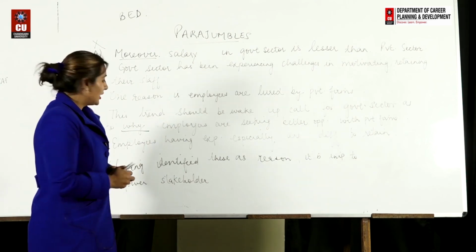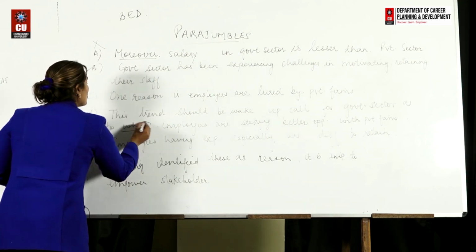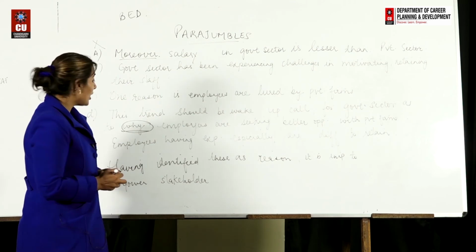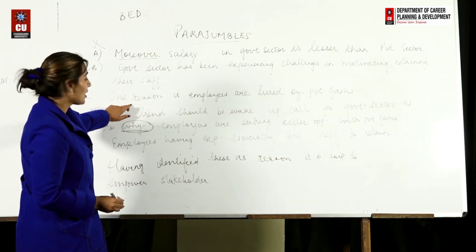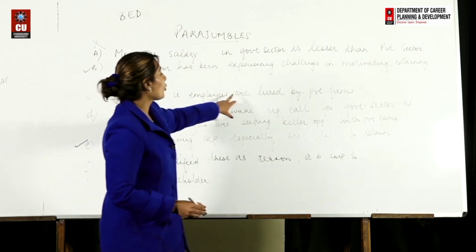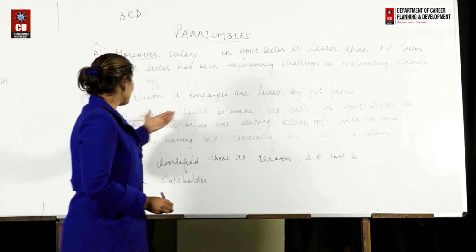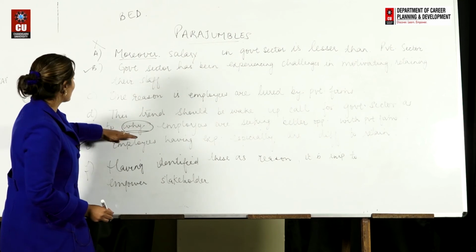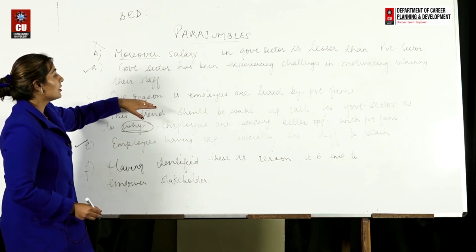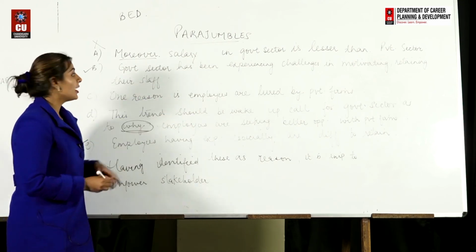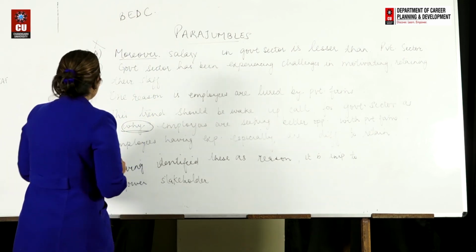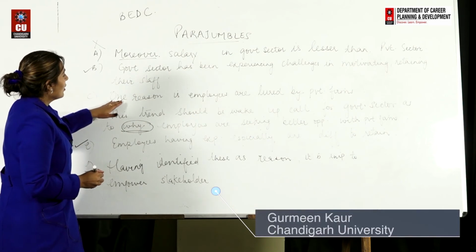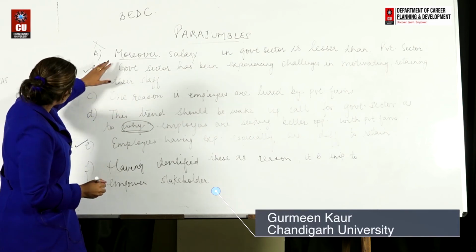Now if you look at D, there is a word why here. Why? So this is saying one reason is employees are lured by private firms. So why? Because the reason is the employees are lured by private firms. And now we come to the sentences which are left.